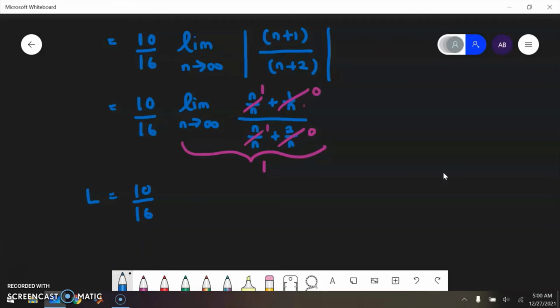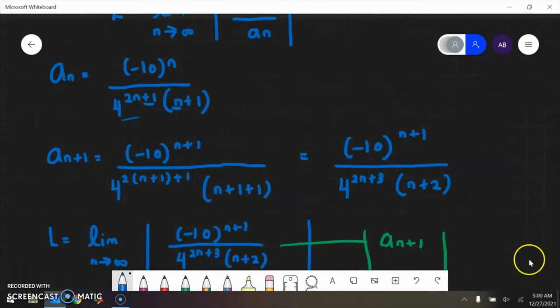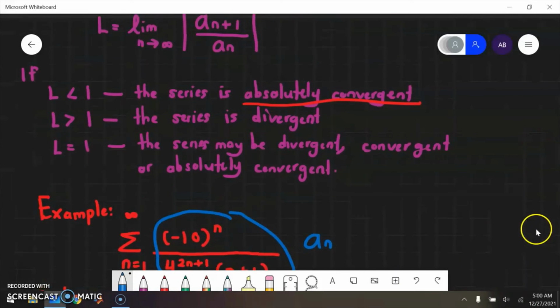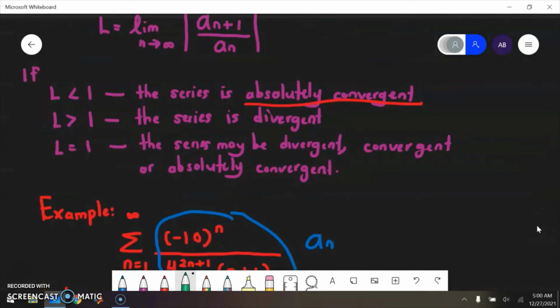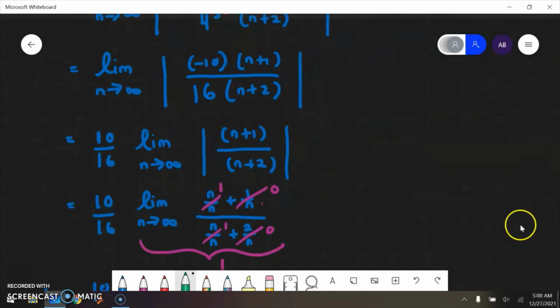Now 10 over 16 is less than 1. So what we can say by the ratio test definition that I mentioned earlier on: if L is less than 1, the series is absolutely convergent. Therefore, it is convergent.